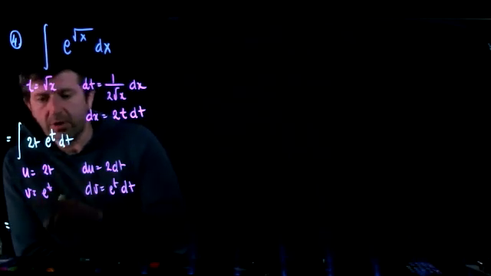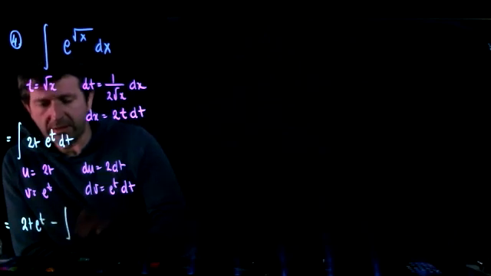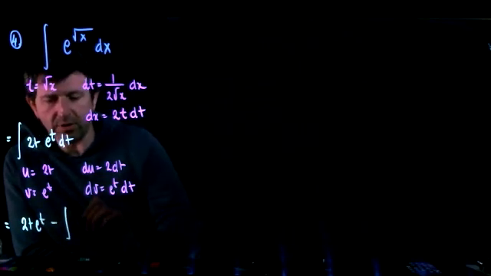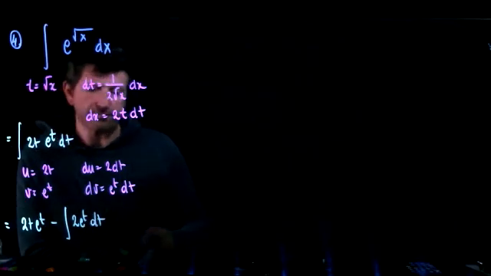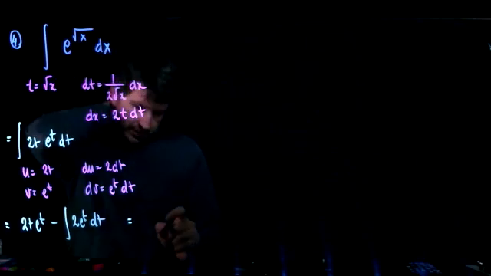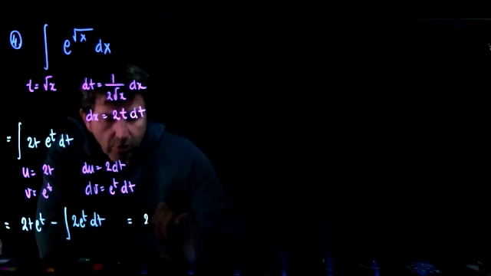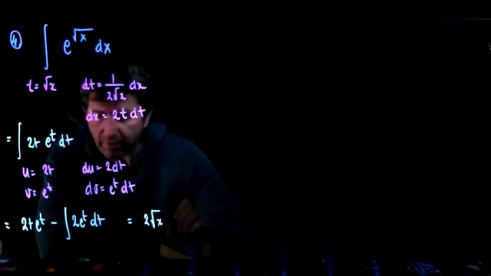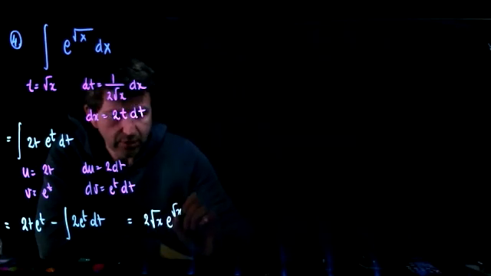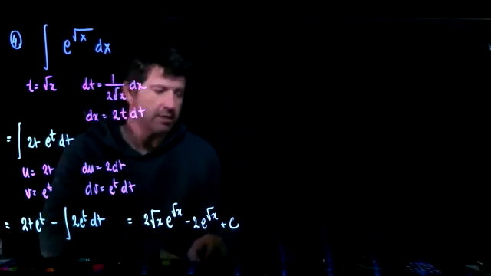So I have uv, so 2t e to the t minus the integral of v du, which is 2 e to the t dt. This integral is just identical, it stays itself. So we have 2t, which is 2 root x, e to the t, which is e to the root x, minus 2 e to the t, so minus 2 e to the root x, plus c, and that's my answer.